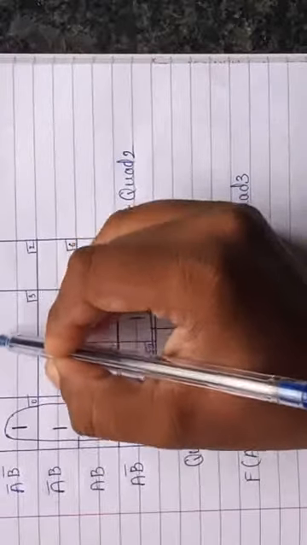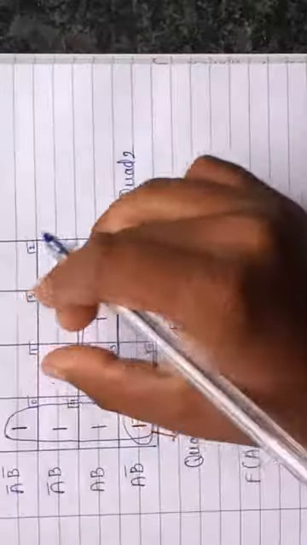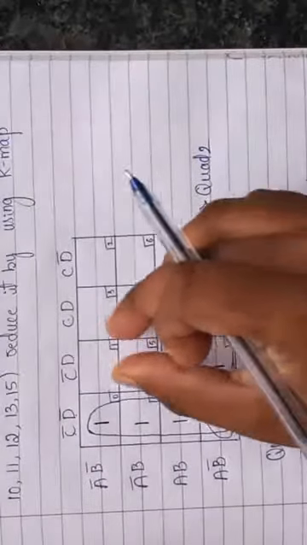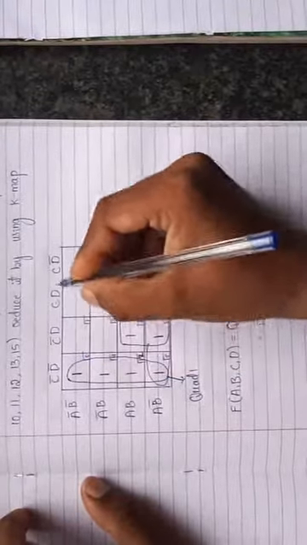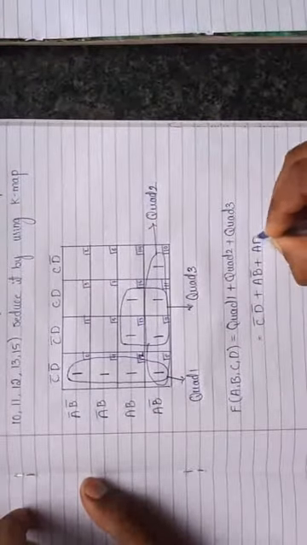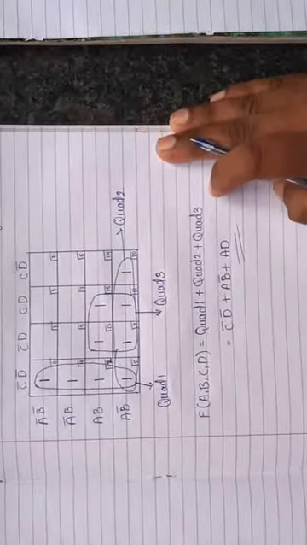C bar and C get cancelled, D remains. So D. That's it. So this is the solution for the given KMAP.